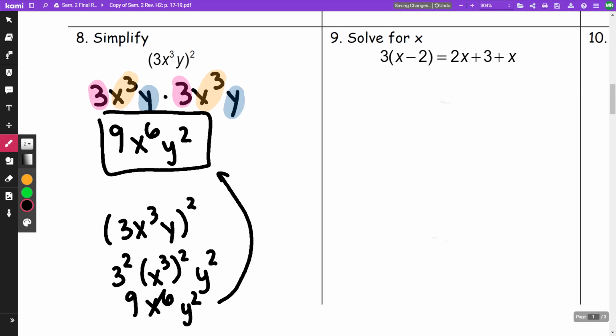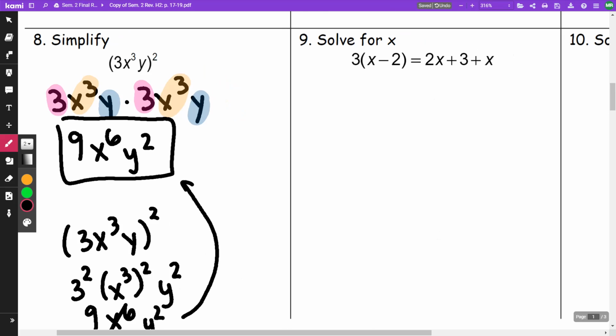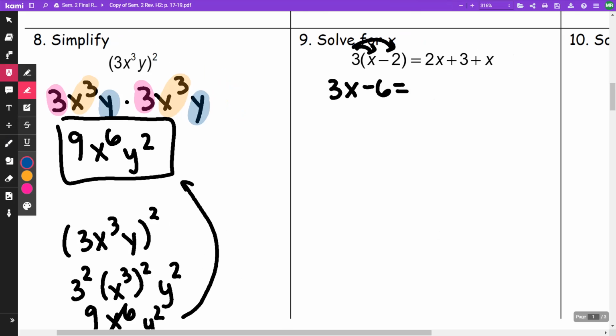On number 9, I'm going to distribute the 3 on this side. So I'm going to get a 3x minus 6. And on the other side, I'm going to combine like terms because I have some terms that are the same over here. 2x and x I can add. I get a 3x plus 3.